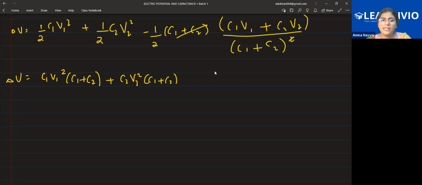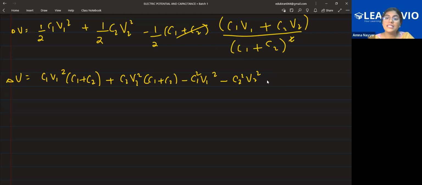So let's multiply this half and open it, or this 2 will be taken common. Let's open this, A plus B whole square. So A square, that is C1 square V1 square, plus B square, but since we have a negative sign, we write minus C2 square V2 square. Clear? A square plus B square. Why minus sign? Because the minus sign is there, and we've cut these two brackets, they were the same.